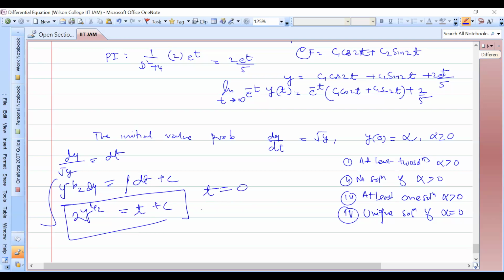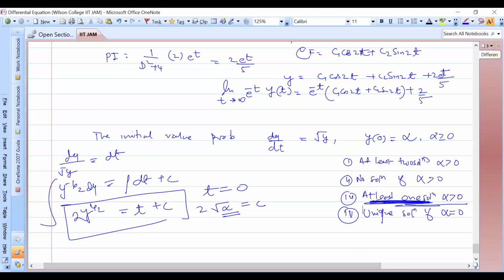So here 2 times root of alpha equals c. Yes, because alpha is a variable, so alpha at least. That's why they are saying at least. Agreed? Yes, sir. Okay.